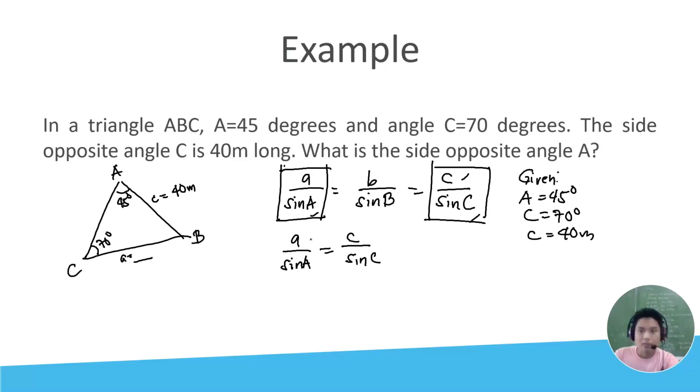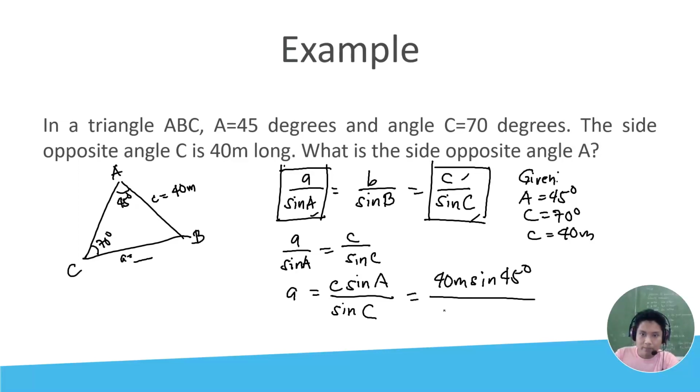Before we substitute, transpose sine A to the right hand side of the equation, or simply multiply both sides by sine A. We will have A equals C sine angle A over sine angle C. Substitute the given: C is 40 meters, sine 45 degrees divided by sine 70 degrees.